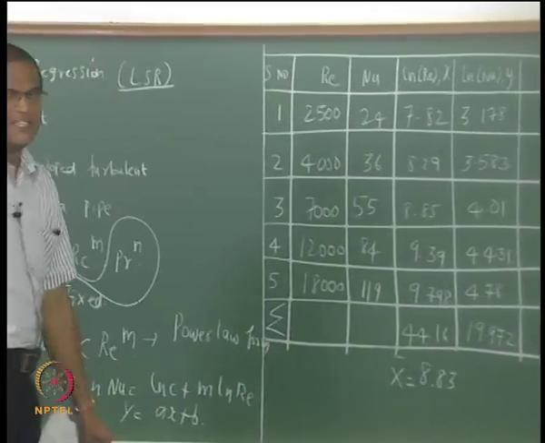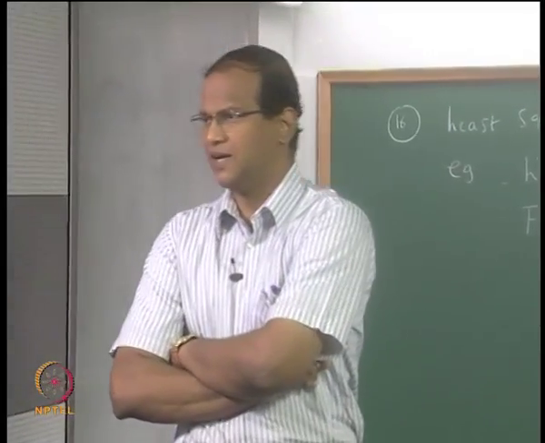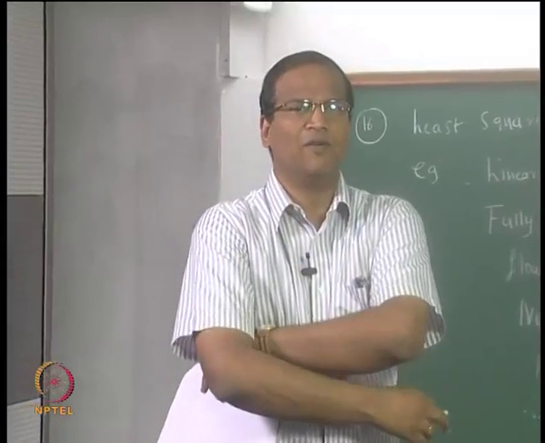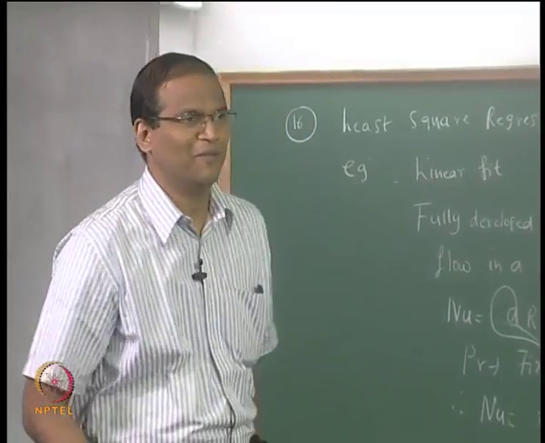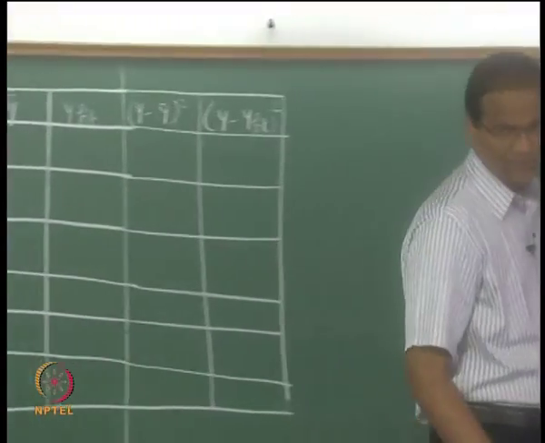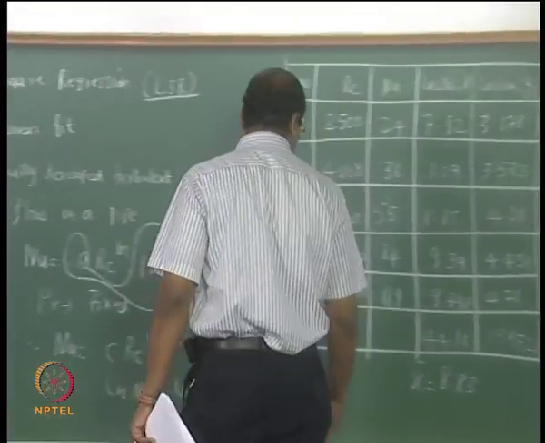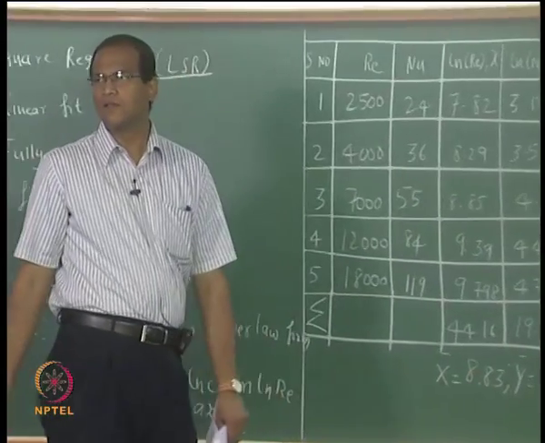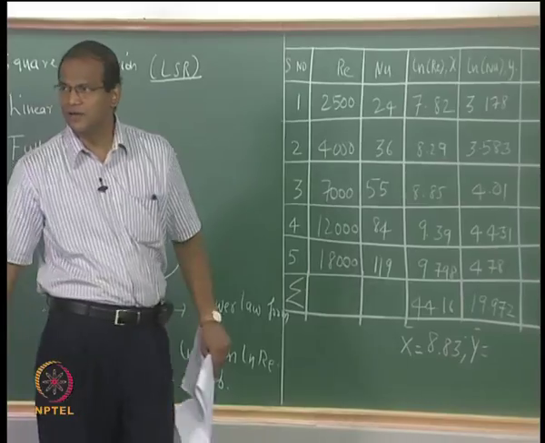Sum is 19.97, all right. Yeah, please check, please don't copy from the board. I am not solving a very tough partial differential equation which you cannot follow. I am just doing simple math. What is the mean y bar? 3.994, right? 3.994.